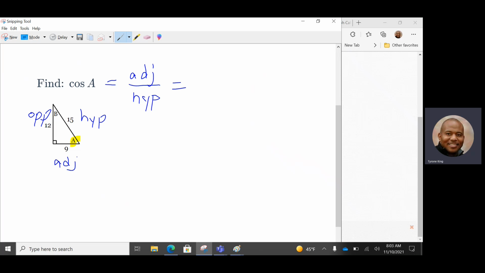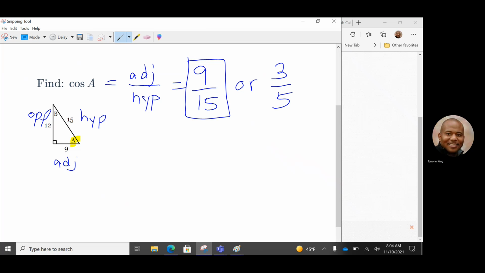So the adjacent side is 9, the hypotenuse is 15, and my answer would be 9 over 15. It might give you the simplified version. You might have to use Desmos to reduce it. 9 over 15 is the same thing as 3 over 5. That's how we would do those types of problems.